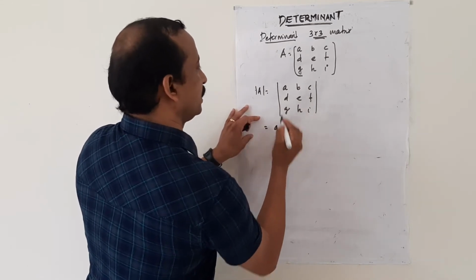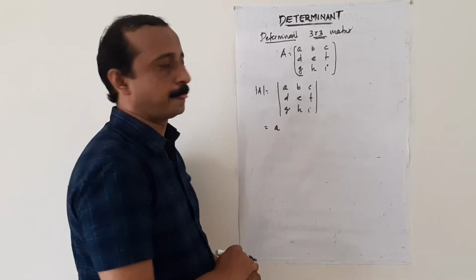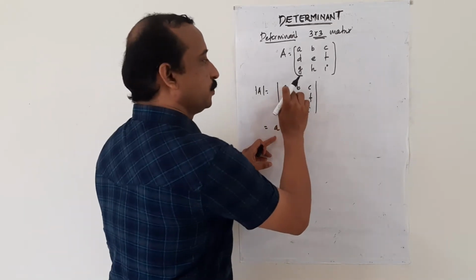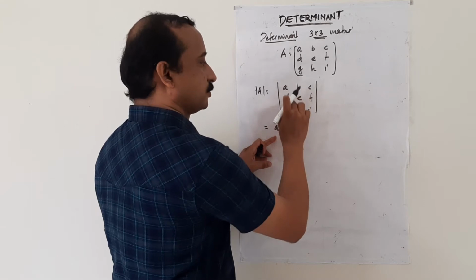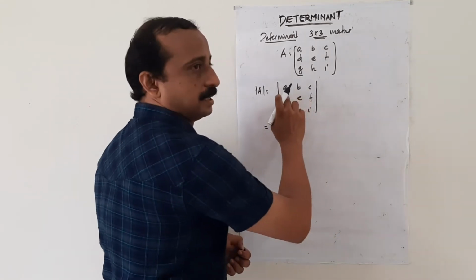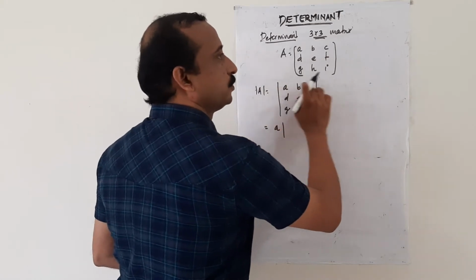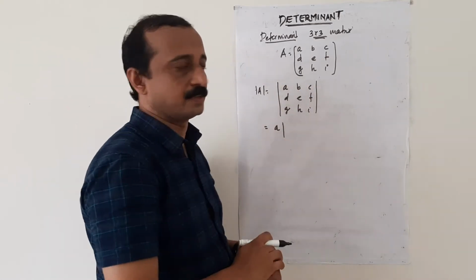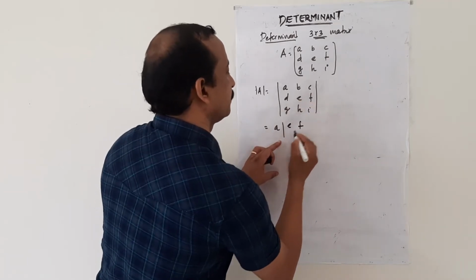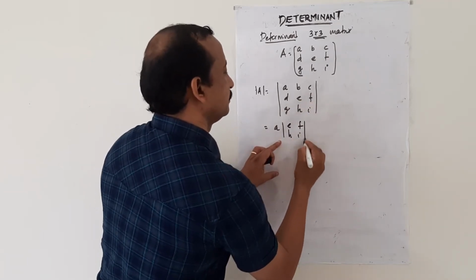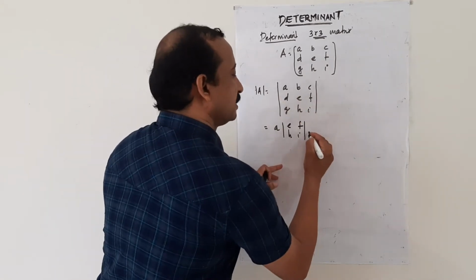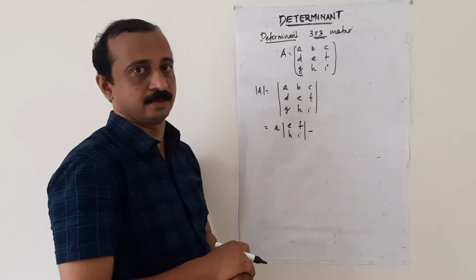Here, first you select the first element A. Then delete A's corresponding row and column. Find the determinant of the balance elements, that is E, F, H, I. Then the rule says the next term is negative.